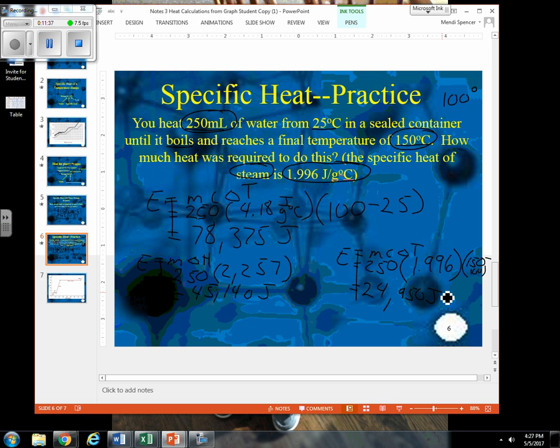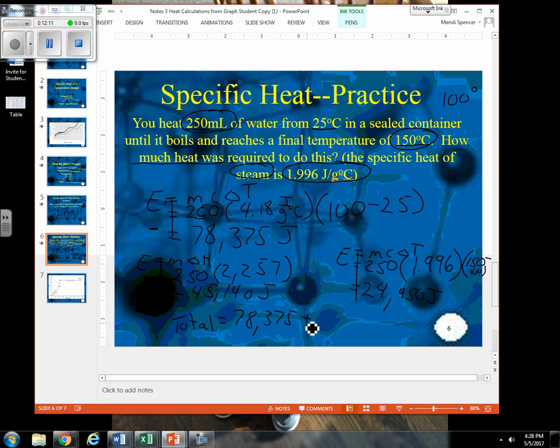Now, in our problem, we're asked how much heat was required to raise the temperature of water from 25 degrees Celsius to 150. So to find our final answer, we are going to have to total everything together. We originally raised our temperature of water up until its vaporization point. That took 78,375 joules.